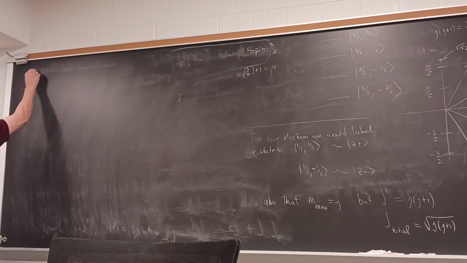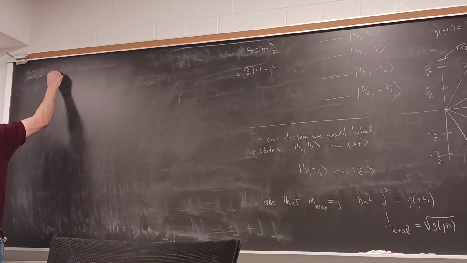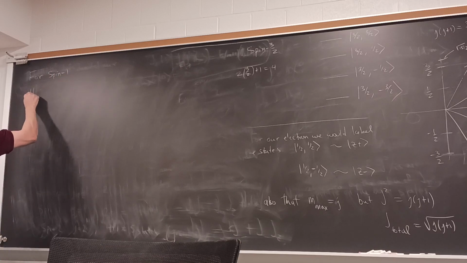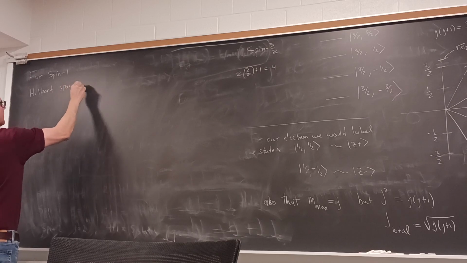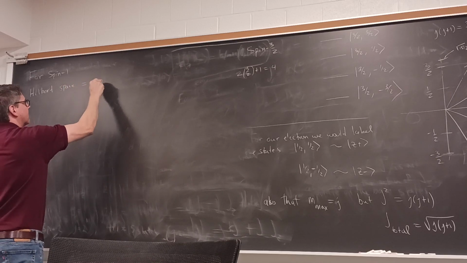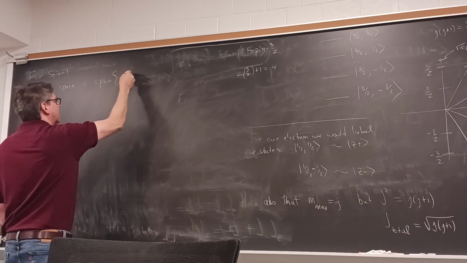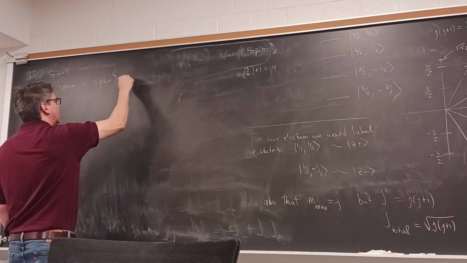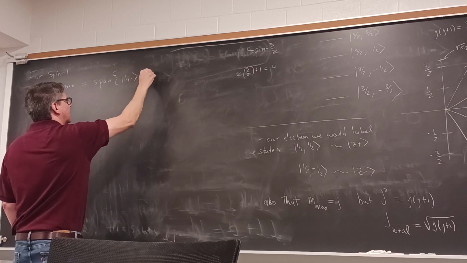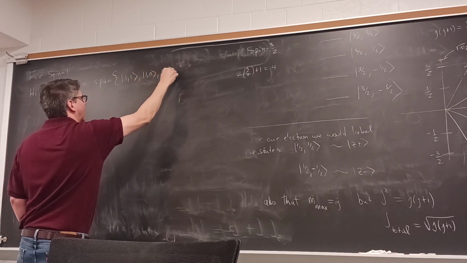So for spin 1, the Hilbert space is the span of the vectors 1, 1; 1, 0; and 1, minus 1.